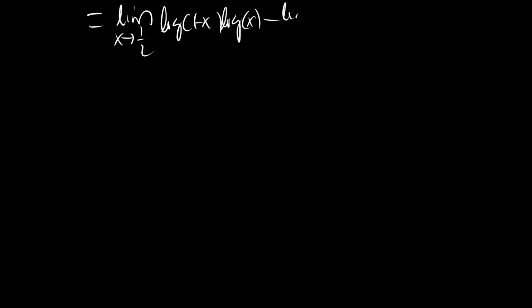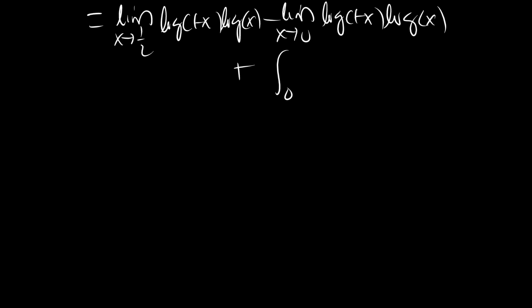So we'd come to a point where we had the limit as x tends to a half of the natural logarithm of 1 minus x times the logarithm of x, minus the limit as x tends to 0 of the natural logarithm of 1 minus x times the logarithm of x, and then plus the integral from 0 to a half of the natural logarithm of x over 1 minus x.